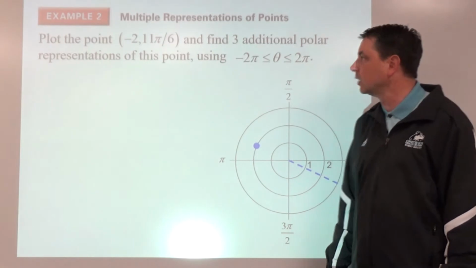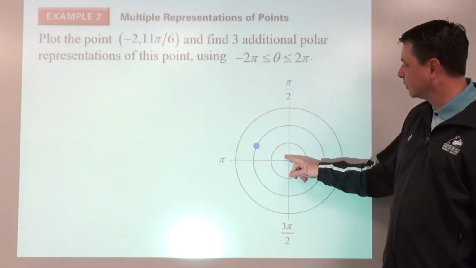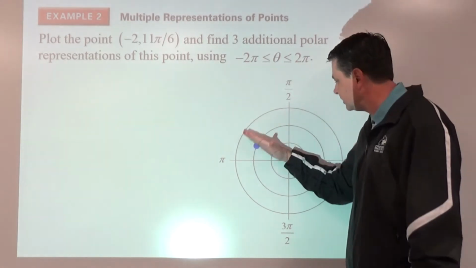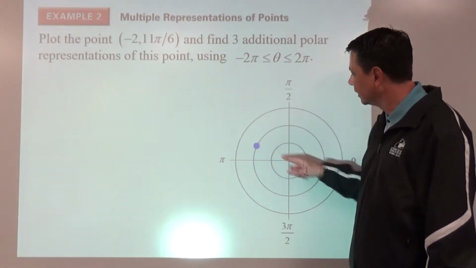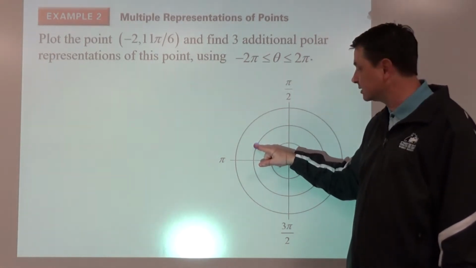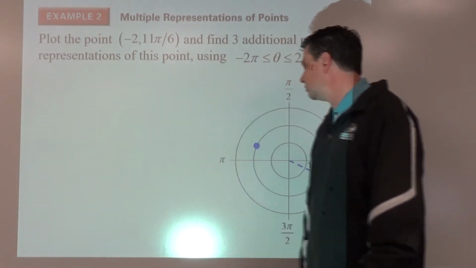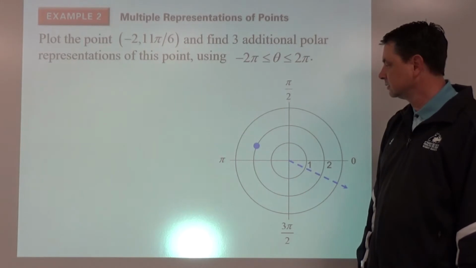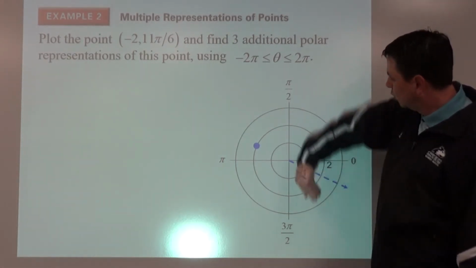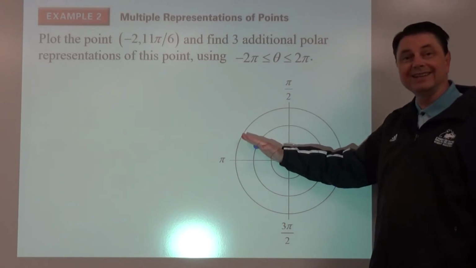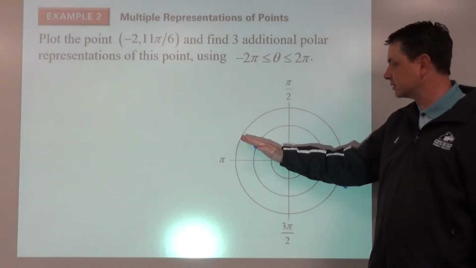All right, you must be ready. So let's think about it. Probably the easiest one would be if we were rotating this way, 5 pi over 6, so 2 comma 5 pi over 6. We could have the angle go this way, negative 7 pi over 6.